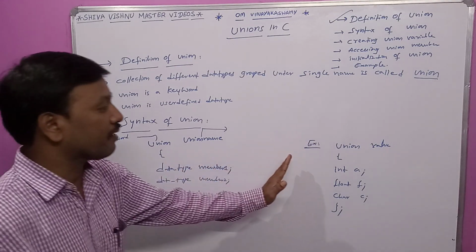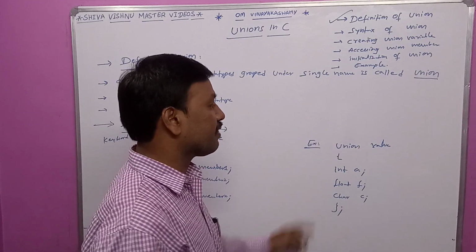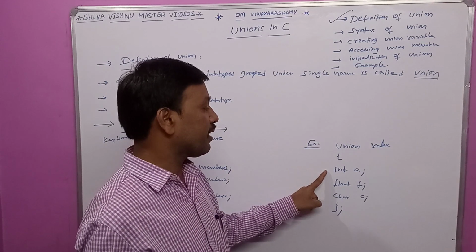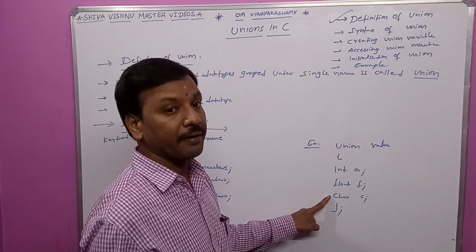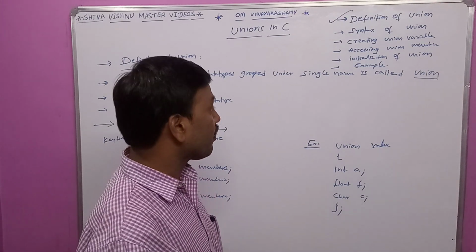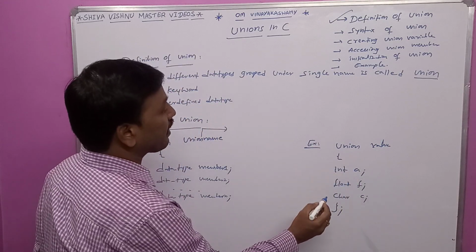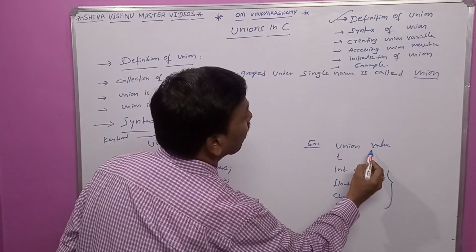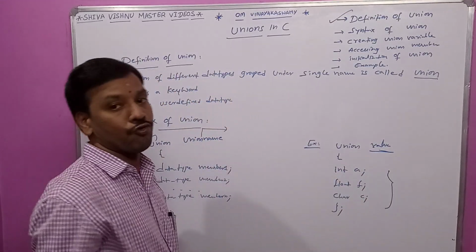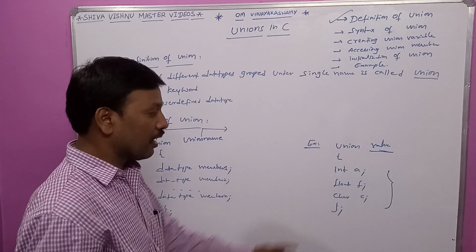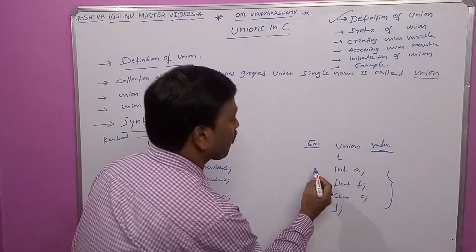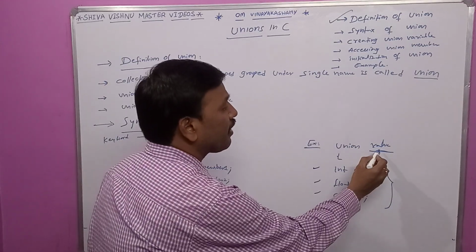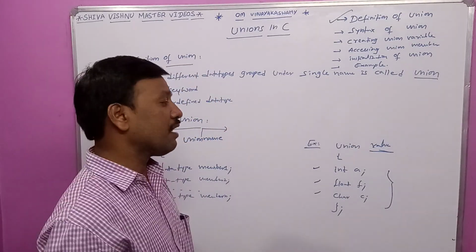Here in the example, union is a keyword, value is the union name, and you can take int, float, char, which are different data types. Our definition says a collection of different data types grouped under a single name is called a union.